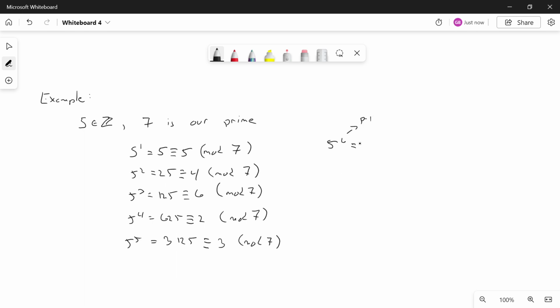This leaves us with 15,625. Again, divide by 7, we're left with a remainder of 1 mod 7. So this is definitely not a proof, but just showing you for this case, when we raise it to the power P minus 1, which in this case is 6, it is congruent to 1 mod 7.